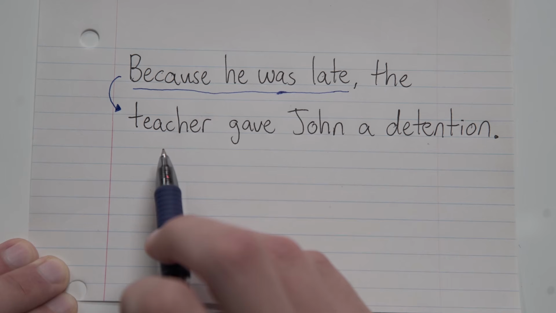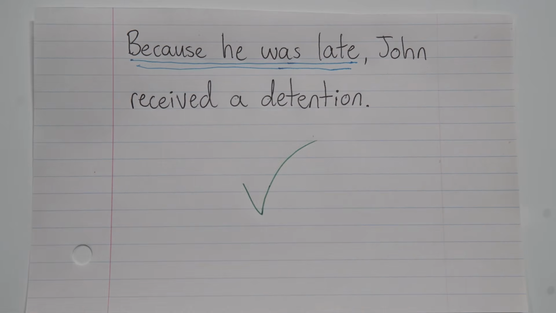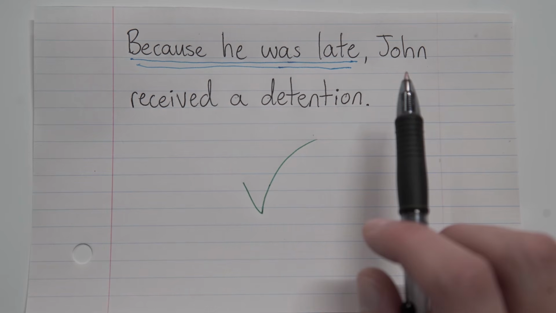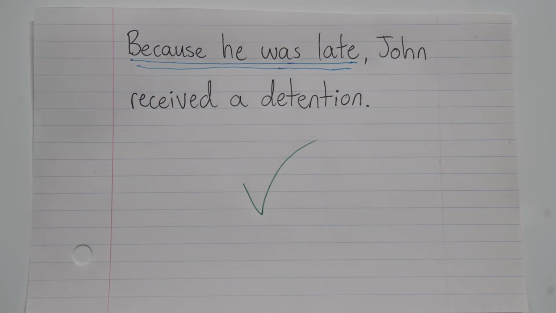So for me, personally, I would say something like this. Because he was late, John received a detention, or John was given a detention, or John got a detention, whatever. The point is, the phrase because he was late needs to be modifying John, so it needs to be right next to John.